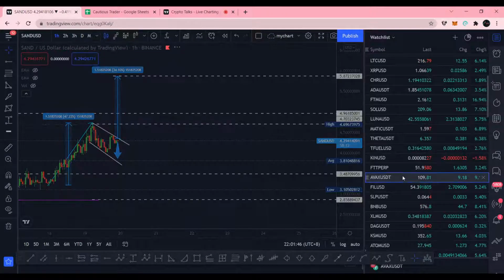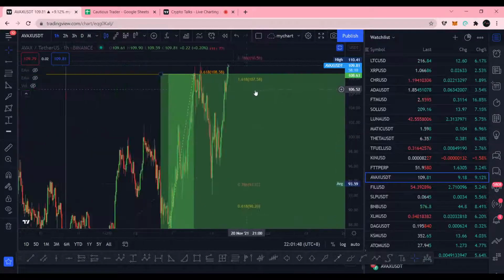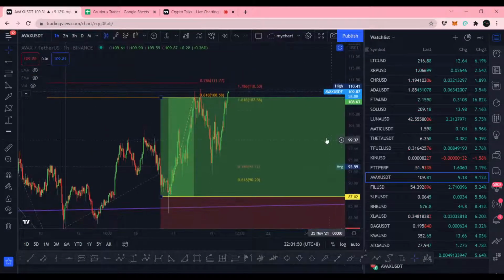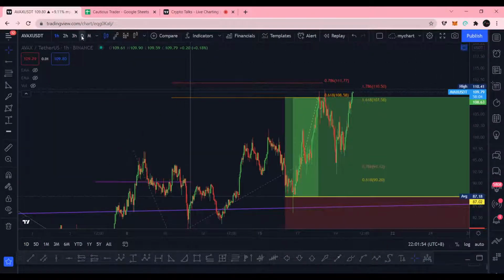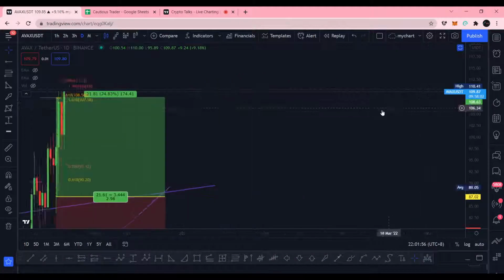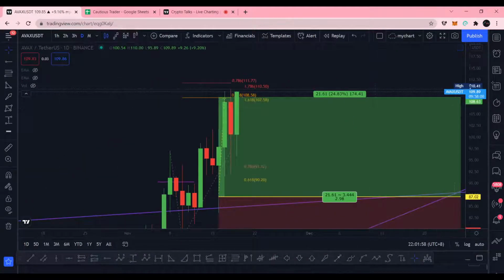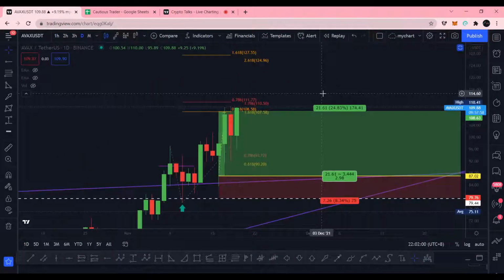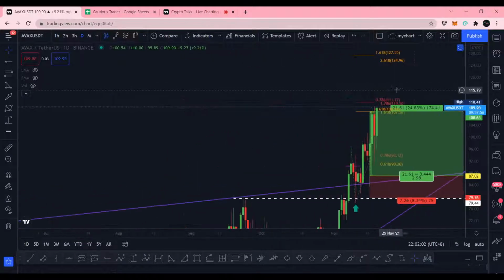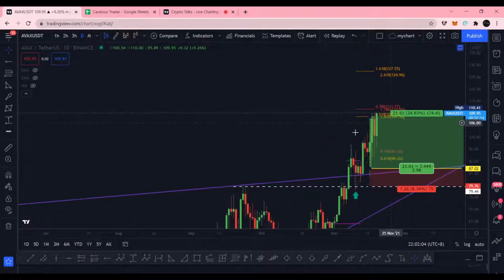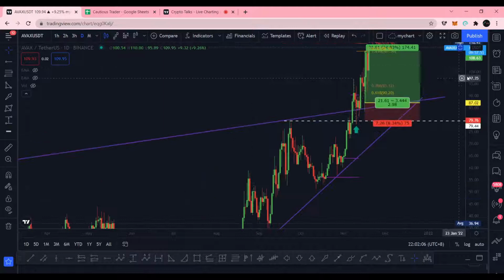What's that? Avalanche. Oh, it's already at this area, which is the 1.6182, 1.786. I remember this avalanche because I think I'm looking at the 108 and 112 as a possible target, which is, I think, our last analysis.